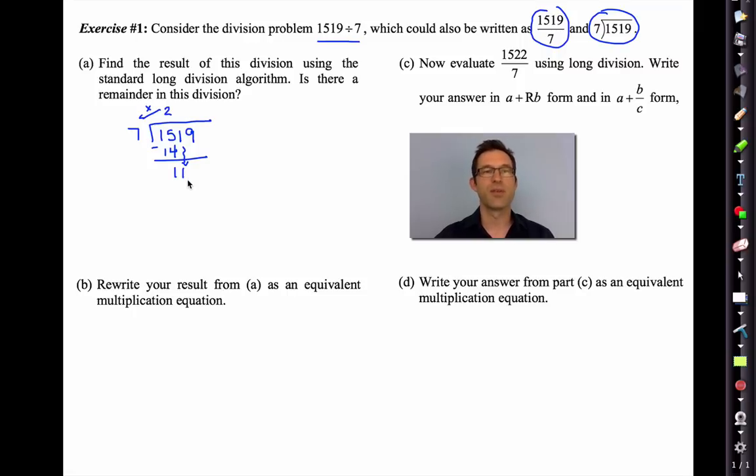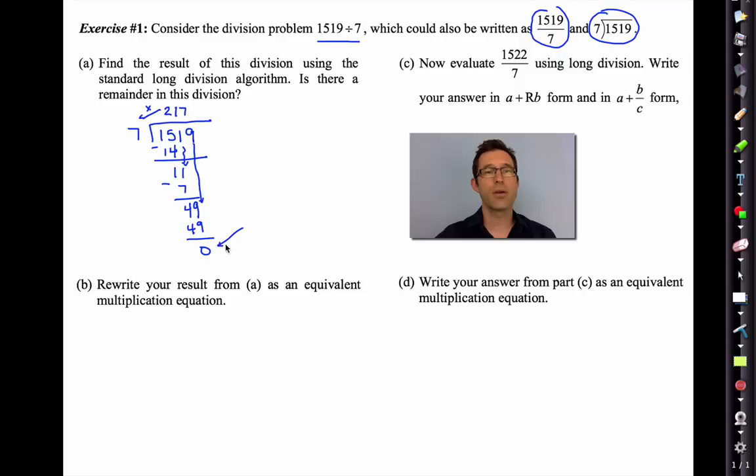How many times does 7 go into 11? Well, it goes in there 1 time. So we get 7, and we subtract and we get 4, and then we bring the 9 down and we get 49. We say how many times does 7 go into 49? And that's 7 times. Then we do 7 times 7 and we get 49 and we get 0. And then we're done.